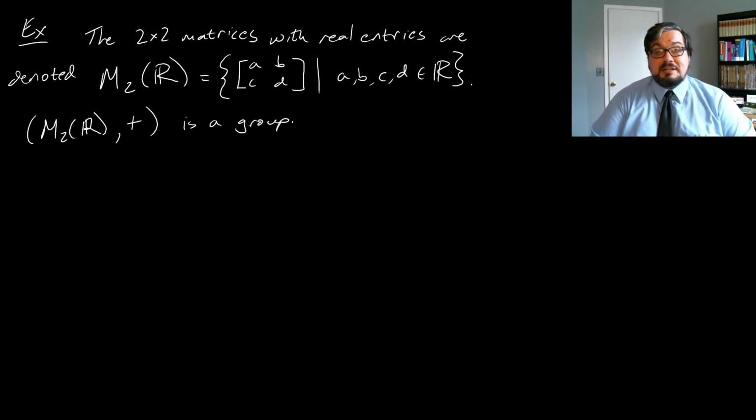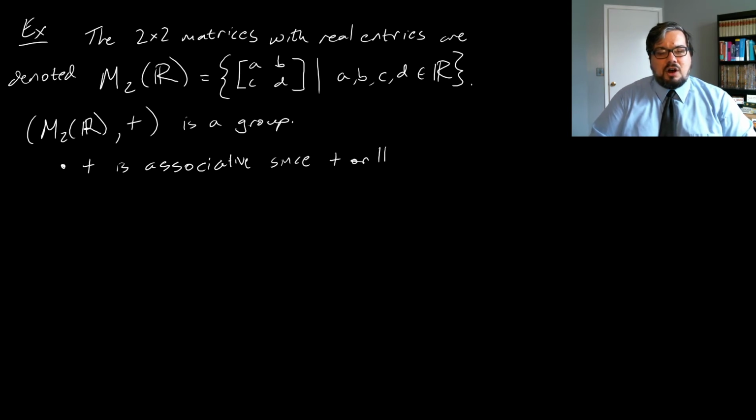We have associativity of addition as normal, basically because when we add matrices together, we're just adding the individual components together, which means that addition of matrices inherits its associativity from the fact that addition on the real numbers is associative. So addition is associative since addition on R is associative.